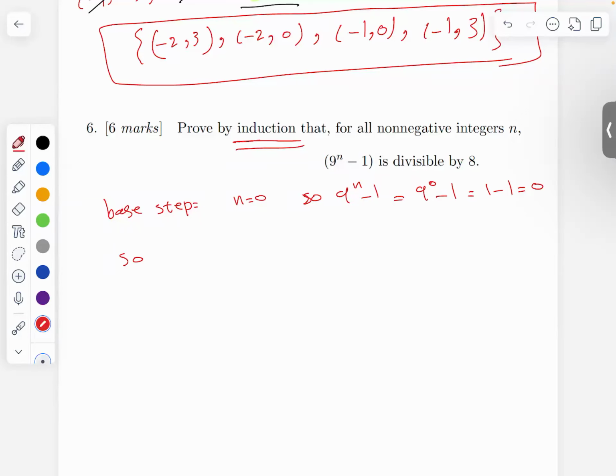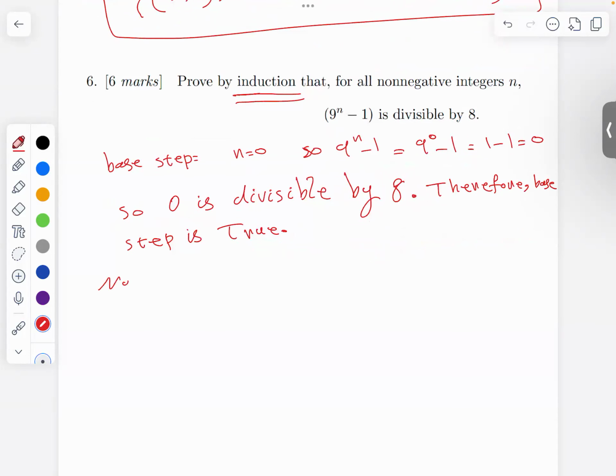So 0 is divisible by 8. Therefore, base step is true.